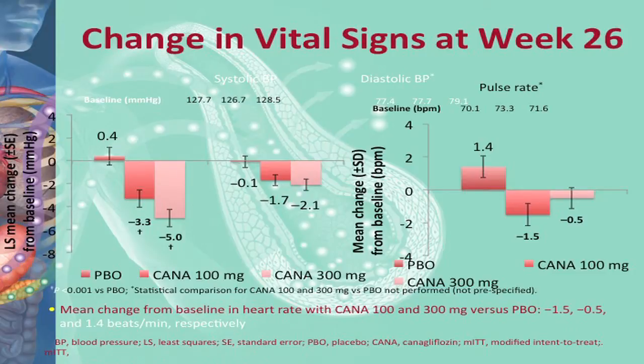And the vital signs show that these reductions in blood pressure occur without a comparable increase in pulse rate, okay? Now, don't know exactly what that implies yet, but it shows that you aren't getting a lot of volume contraction with the necessity for compensatory tachycardia.